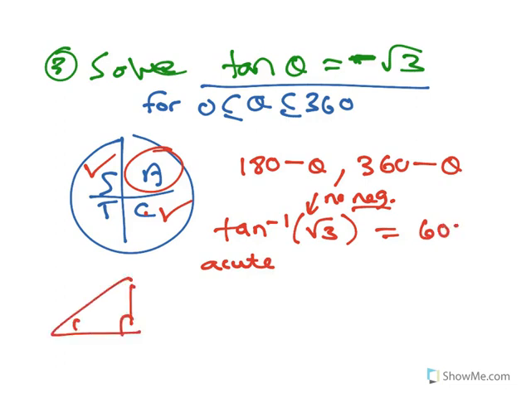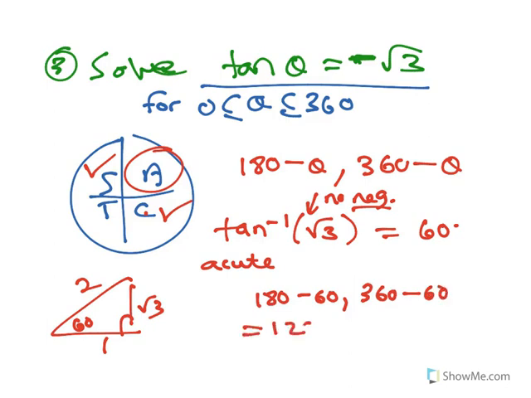And if you go back to those triangles, you could see that root 3 on 1 is 60. So that means that we have 180 minus 60 and 360 minus 60, which is 120 and 300. So if you were to go tan 120, you would get a negative, because it's negative in that quadrant.